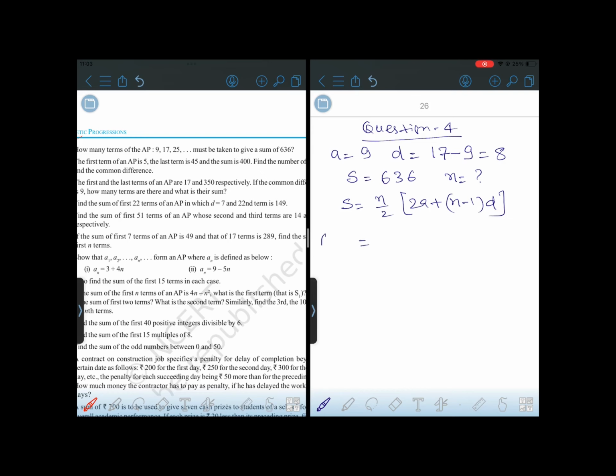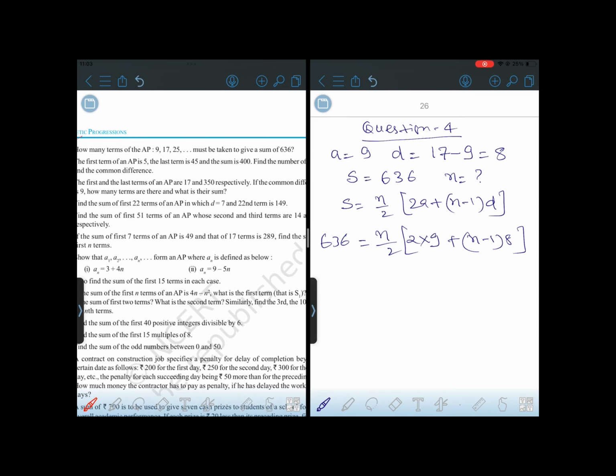So value of S is 636. N is not known to us. 2a, 2 into 9. N is not known to us. D is 8, right?